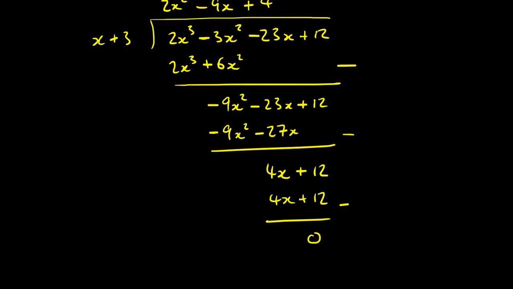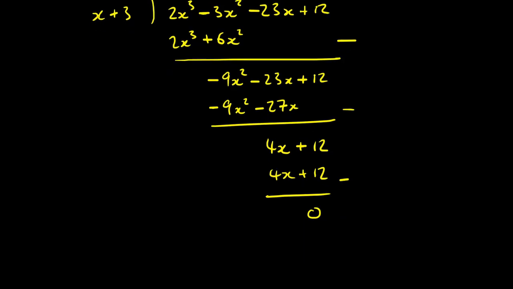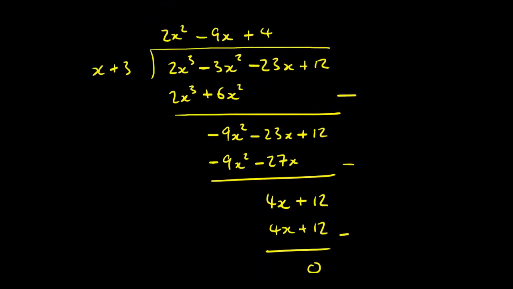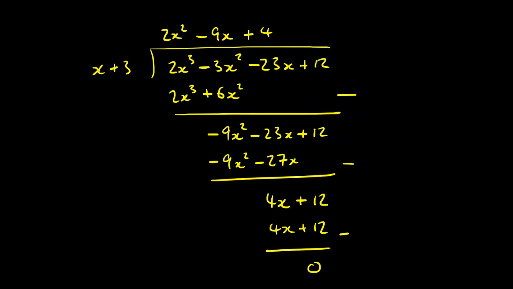Okay, now then, what does this mean? It means that we can rewrite our polynomial, p of x, as being equal to x plus 3 times this thing here. If you're not sure about that, just take a moment and think it through. What we've said is if we divide our polynomial by x plus 3, we get this quadratic.